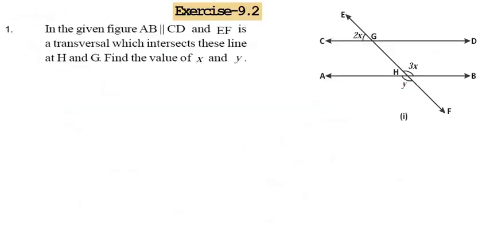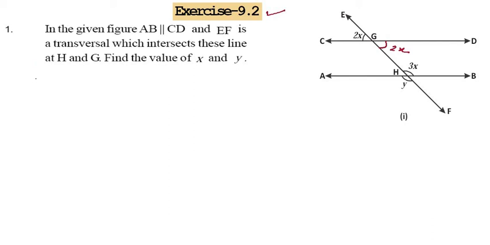Now come to exercise 9.2. Let us start, what will happen in this. So first of all, this is the vertically opposite angle. This angle is also 2x. Find the value of x and y.